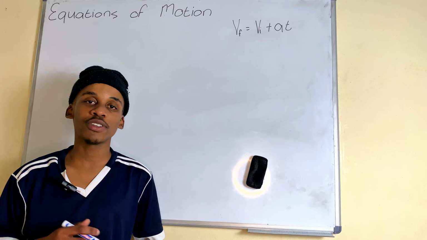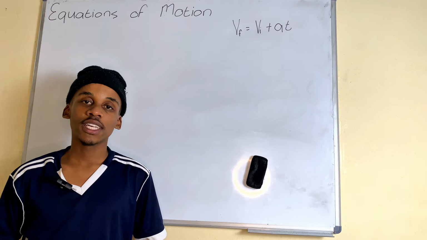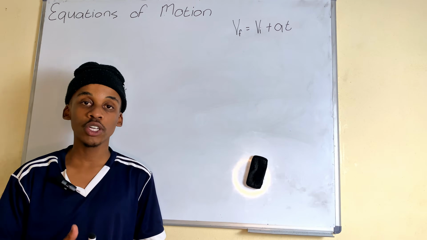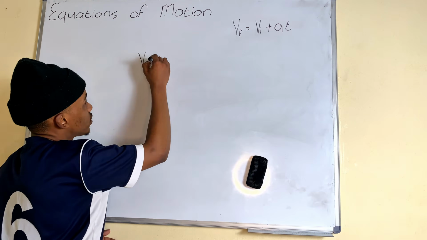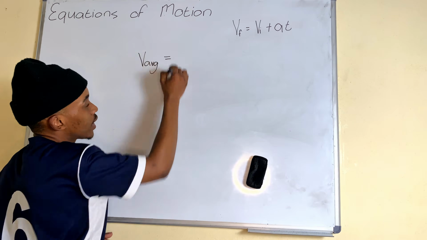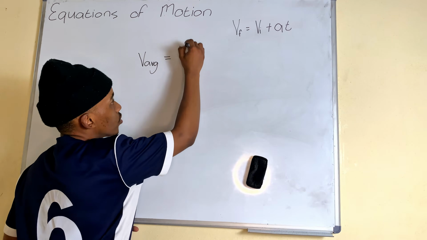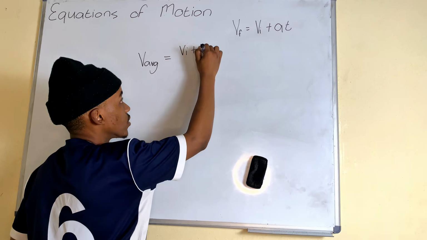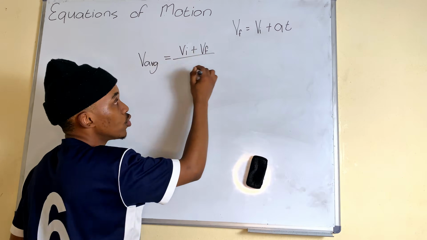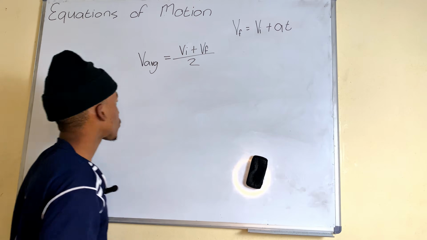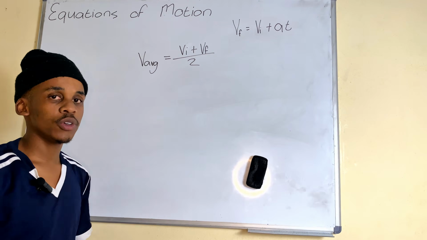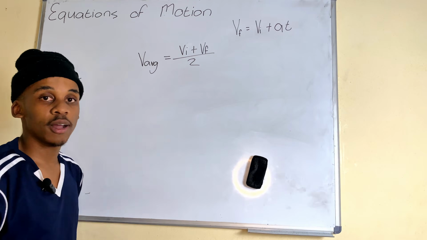As discussed in the previous video, the average velocity can be given by velocity initial plus velocity final, all over 2. You can watch the previous video so that you can be all caught up.